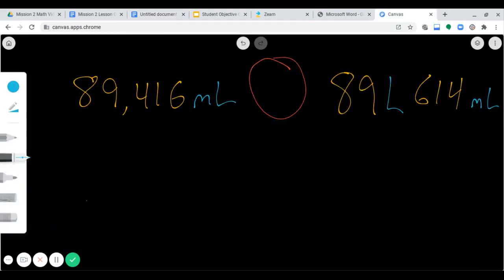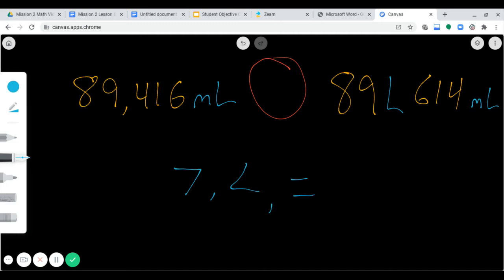We might also be given a problem like this, where it says 89,416 milliliters, and it has us compare it to 89 liters and 614 milliliters. When we compare, it's really asking which one is greater than. There are 3 options: greater than, less than, or equal to.